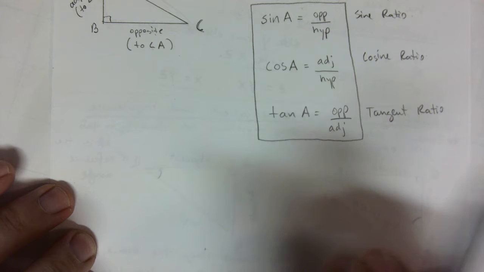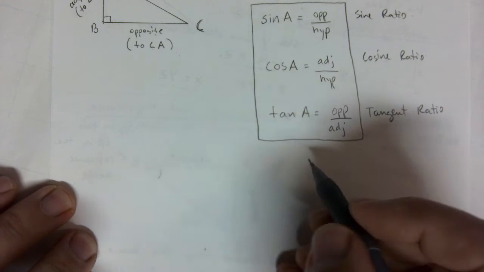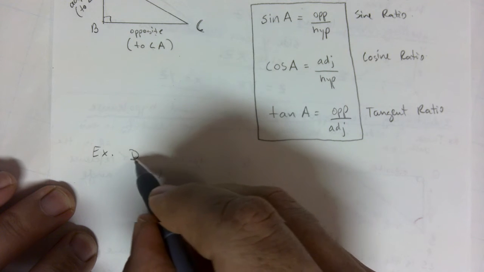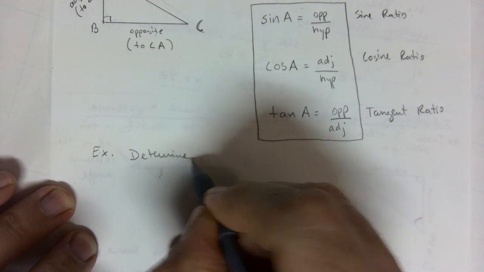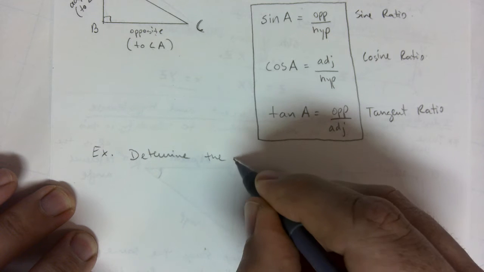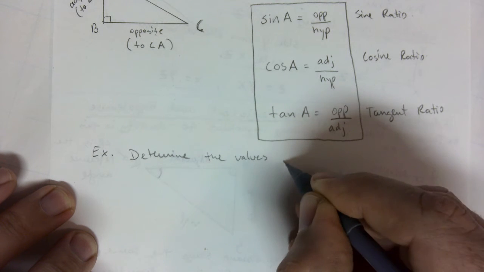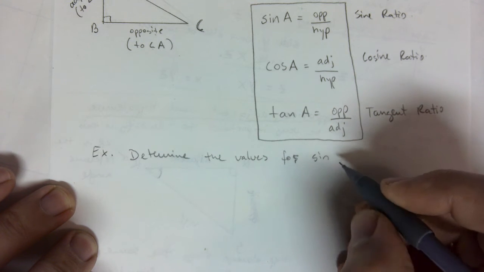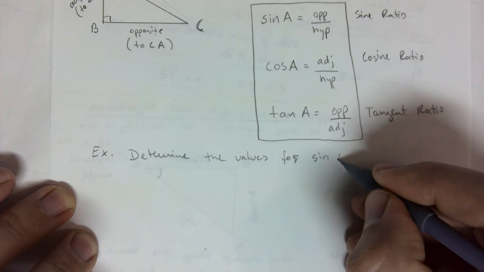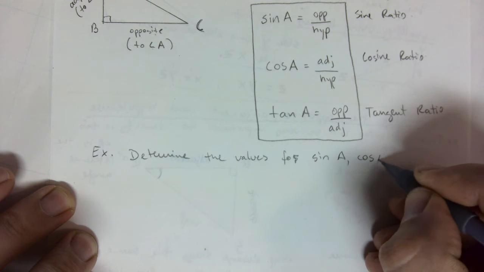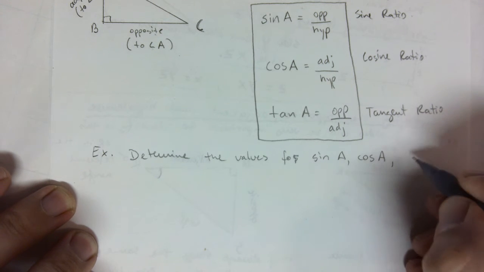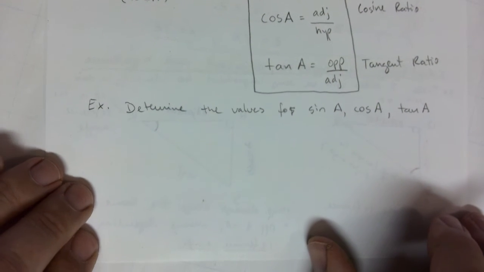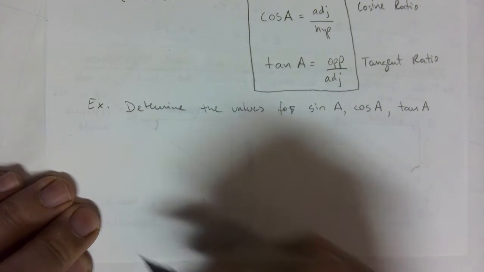So let's do an example here. Example: determine the values for sine of A, cosine of A, and tangent of A. So now we're looking into numbers already, okay?